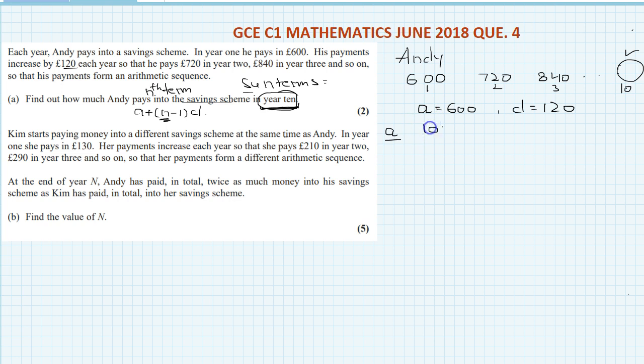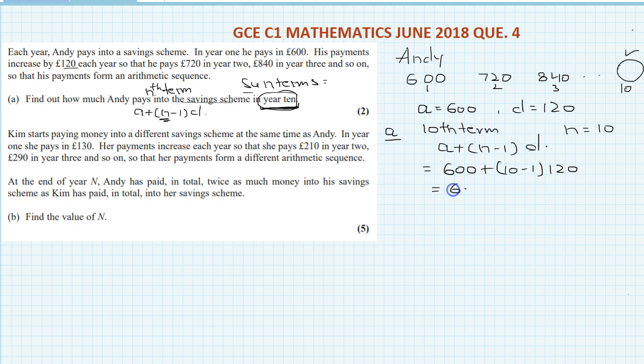So for the 10th term, n is 10. Our formula is a plus n minus 1 times d. a is 600, that is the first term. n is which year you want to know the saving, the 10th year. So this is 10 minus 1, multiplied by d. d is 120.